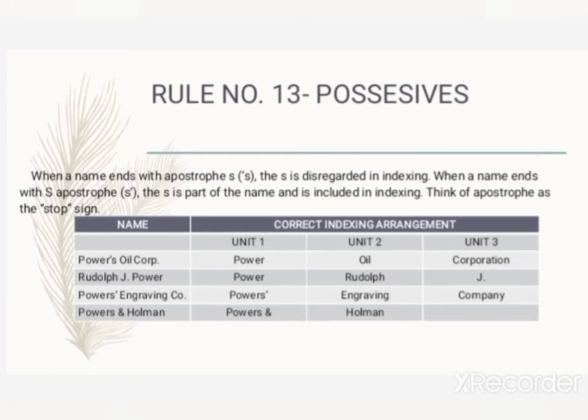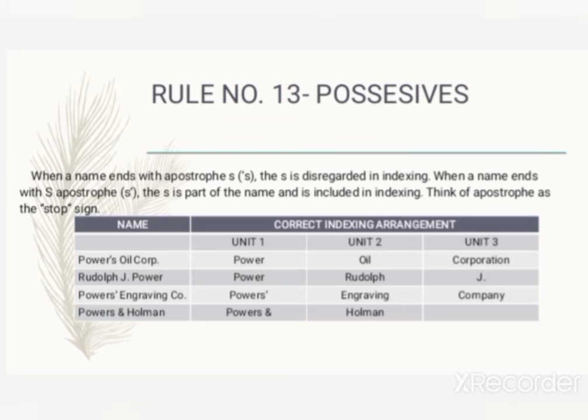Rule number 13. Possessives. When the name ends with apostrophe S, the S is disregarded, but when the name ends with S apostrophe, the S is included in indexing.